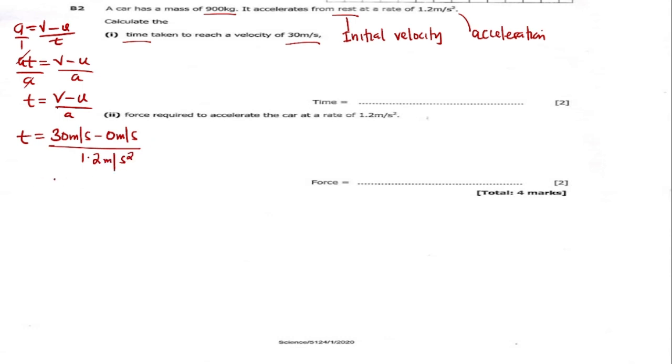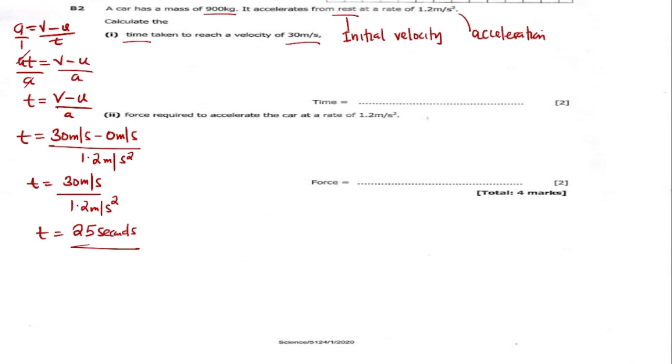So that will be 30 meters per second minus 0, divided by 1.2 meters per second squared. If you divide 30 by 1.2, we're going to have 25 seconds. So this is the time.